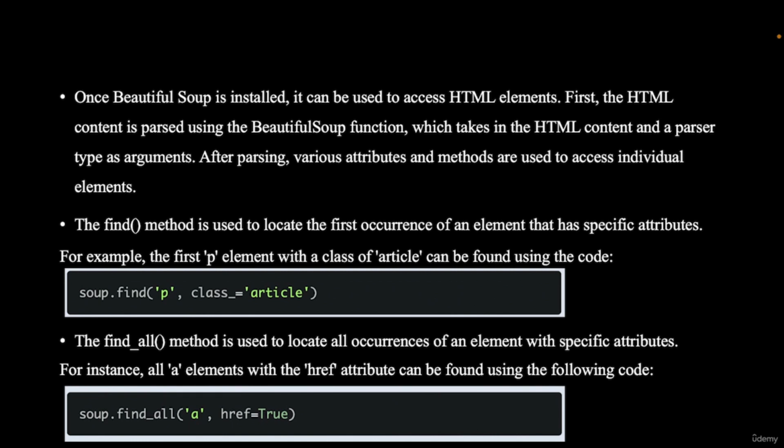So once you have Beautiful Soup installed, we can use it to access HTML elements, and the first step is to pass the HTML content, as we've seen, to the Beautiful Soup instance, along with a parser type as well. Then we can access various attributes and methods to locate individual elements.